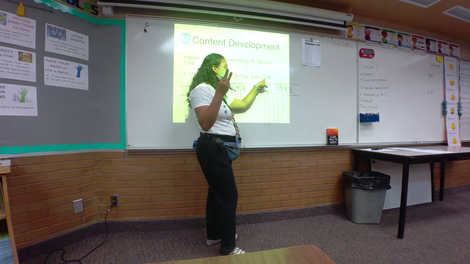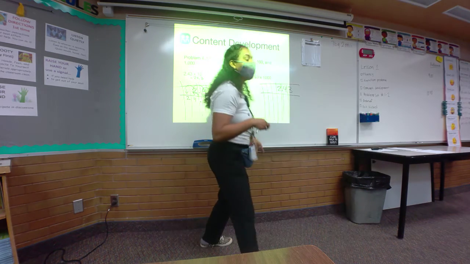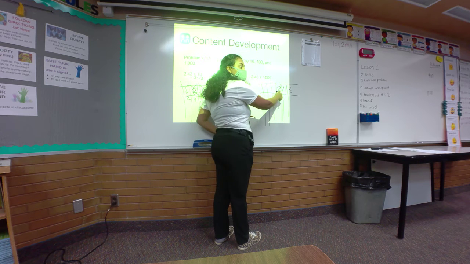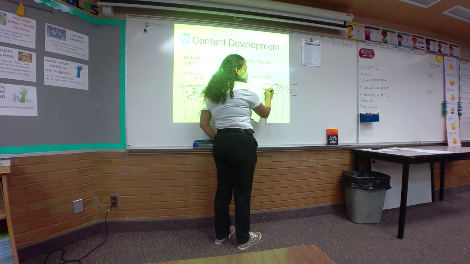Another pattern is however many zeros are in there, that's how many tens there are. So we have 3 powers of 10, so we have 3 shifts. Okay, starting on the left side since we're going left. Okay, 3 jumps. Ready? 1, 2, 3. Drop it down right here.